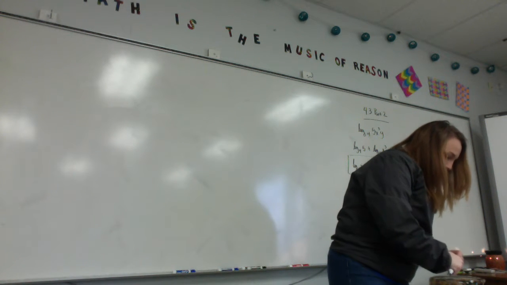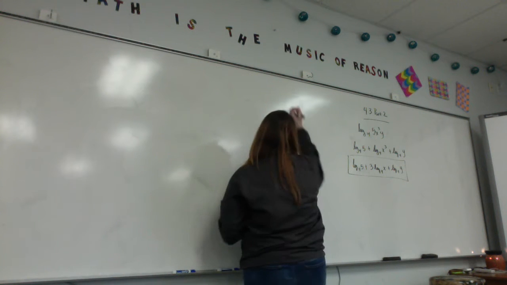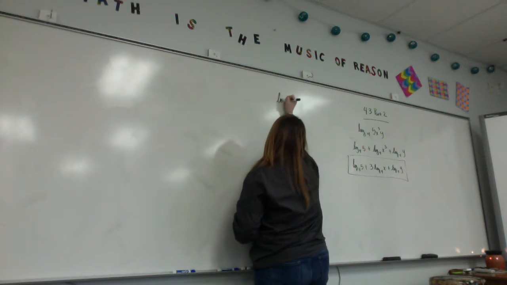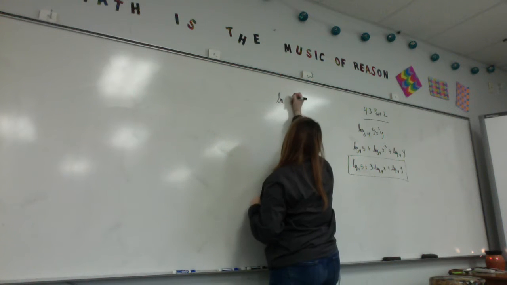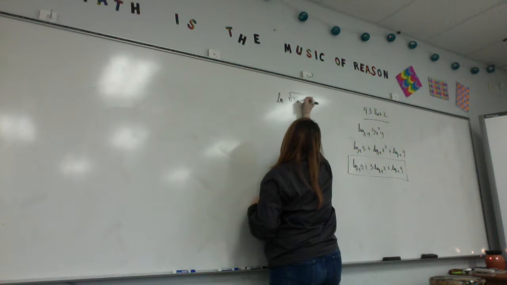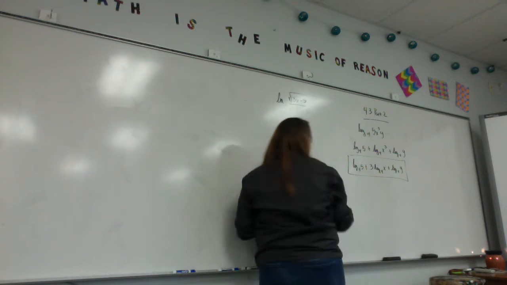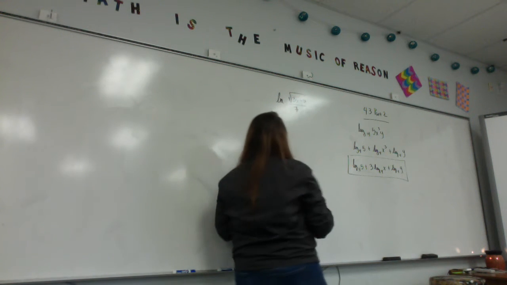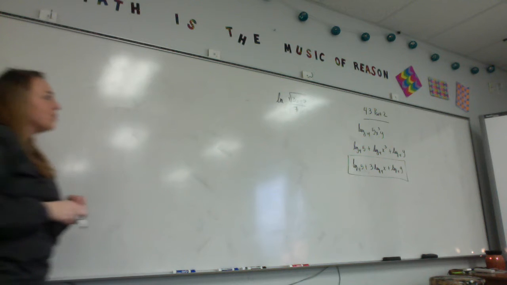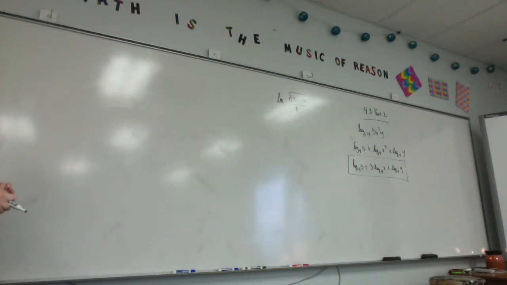Okay, this one's going to be more difficult. What happens if I have the natural log of the square root of 3x minus 5 over 7? If we have division, what do we have going on when we expand?